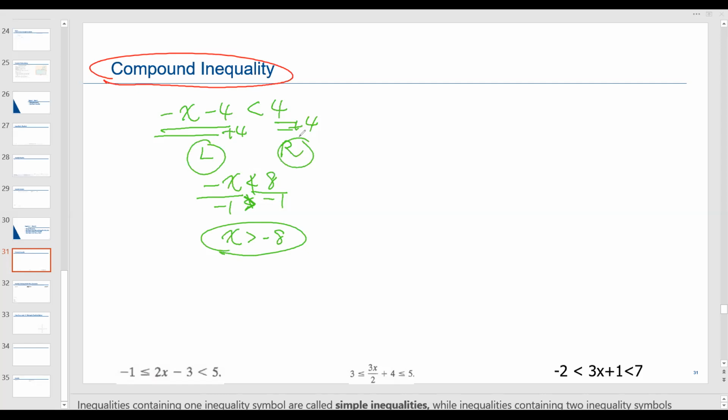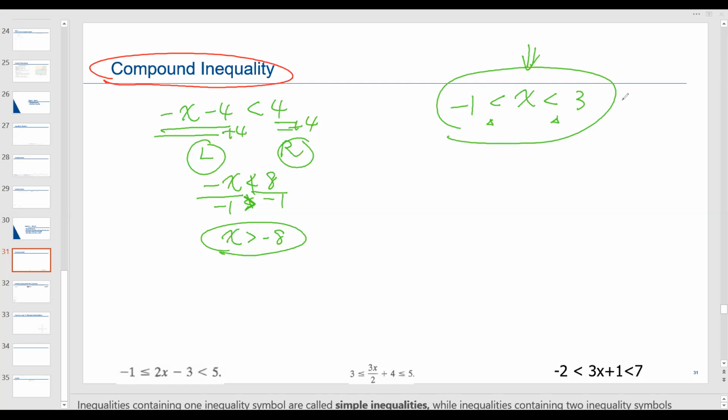Sometimes you can see some results actually have multiple inequalities. Say x less than 3 and greater than -1. In this situation you can see there are two inequalities. We call this a compound inequality.